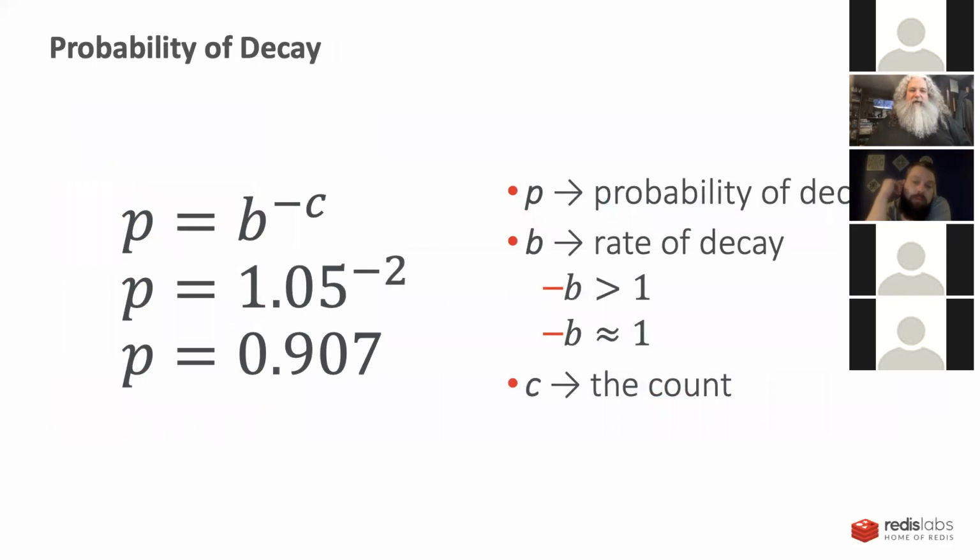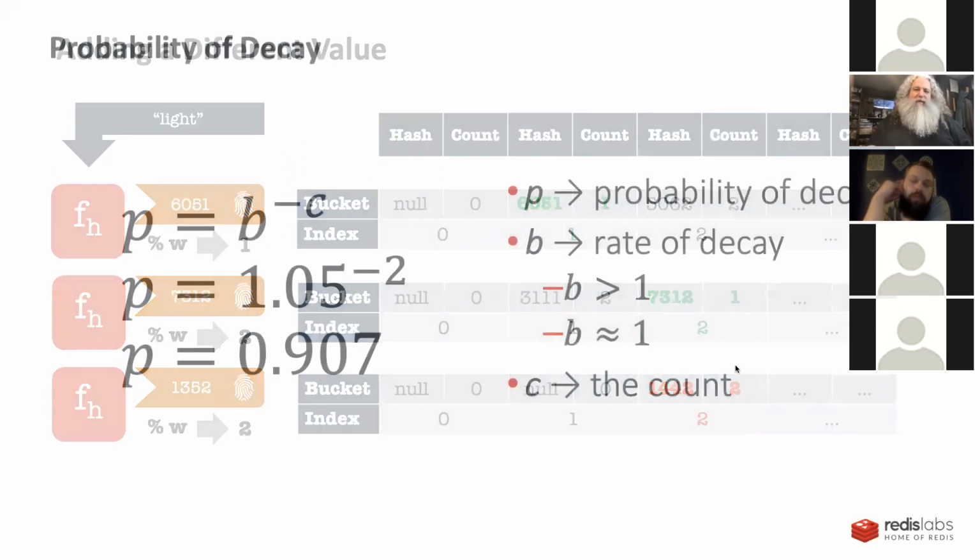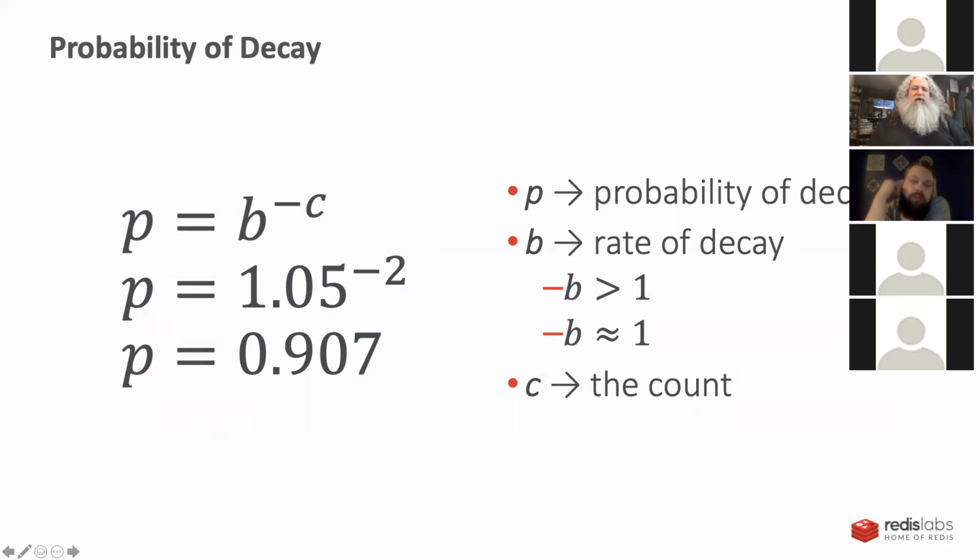You might think, well, then we'll just drop it down by 1, right? Well, the answer is that's close. We might drop it down by 1. We've got this probability of decay, the chance that that number will drop, and it is equal to b to the power of negative c, where b is the rate of decay, a number that's greater than 1, but about 1, like 1.01 or 1.005.